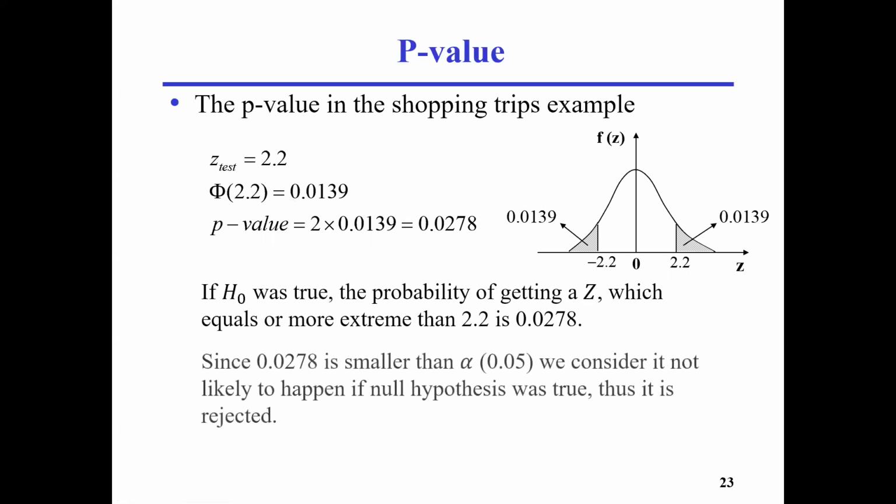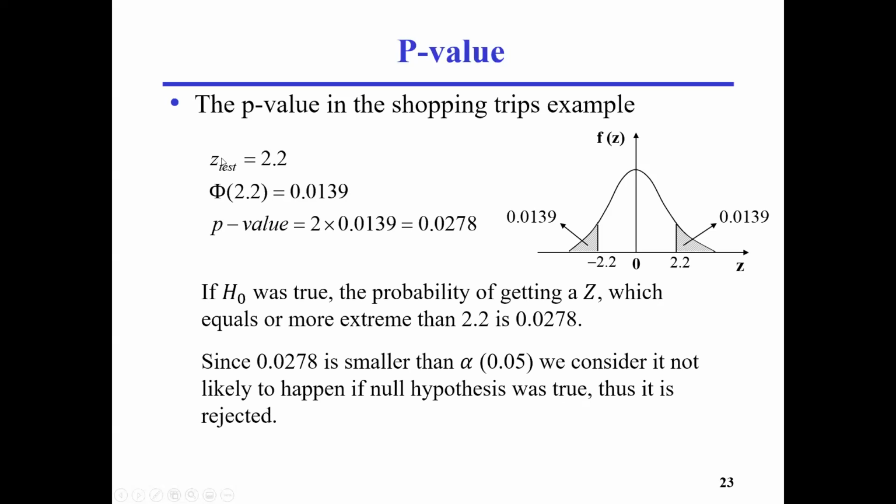Okay, since 0.0278 is smaller than alpha, alpha is the value we set for this example, right? We consider it not likely to happen if the null hypothesis was true. Thus, it is rejected.